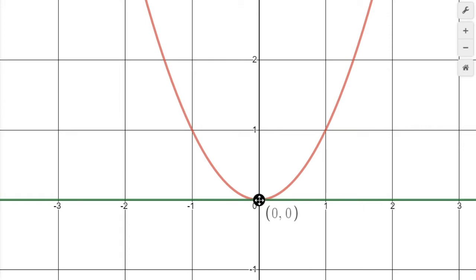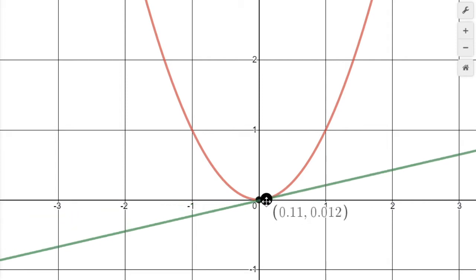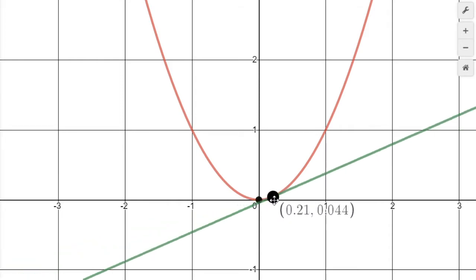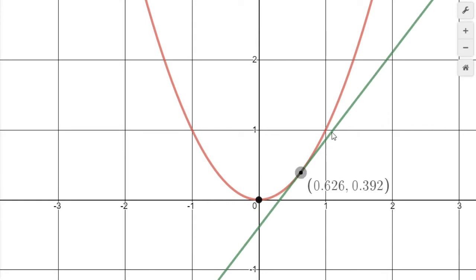And then immediately as I start swinging my point to the right hand side, meaning anywhere on the right hand side of this parabola, my x value of the tangent point is positive, greater than 0. And look at how the tangent line behaves. The tangent line now starts rising and having a positive slope.